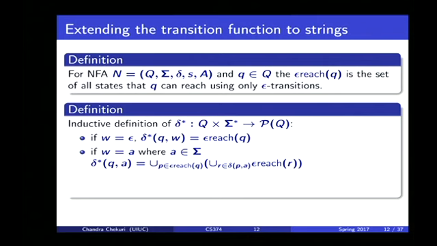If I'm at a state, I can go on epsilons, epsilons, epsilons, as long as I'm allowed to go. And then I jump on the letter, and then again I can go epsilons, epsilons till I get somewhere, right? All those places should be in my set, no? You look at all the states which are in the epsilon reach of the initial state.